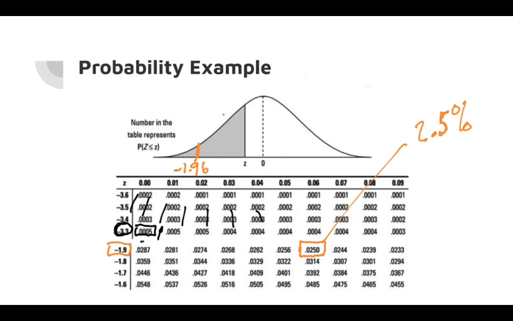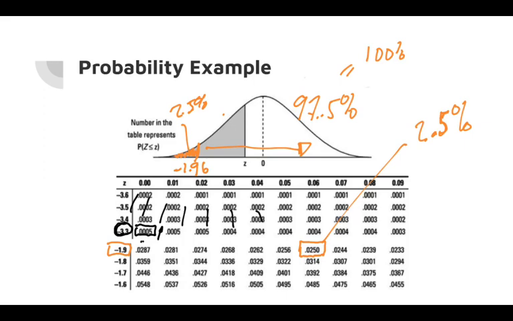Okay, that's going to mean that out here on this little tail, I have 2.5% of the population below this z-score of negative 1.96, and then out here, this is going to be 97.5% of the population larger than this z-score. Okay? Because these two things have to add together to bring me back to 100.